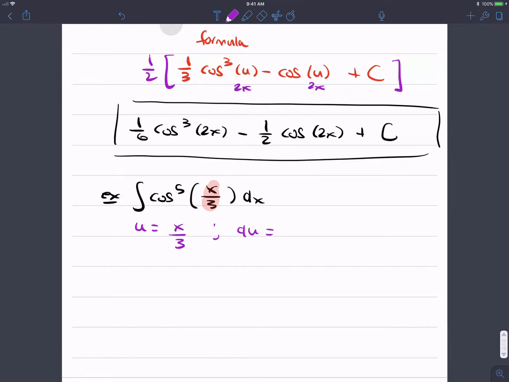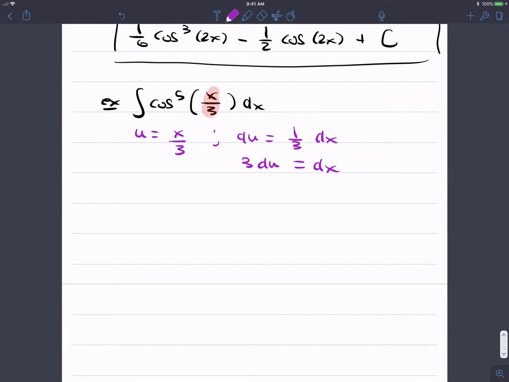So that means du is 1/3 dx, or 3 du is dx. So by u sub, we get cosine to the 5th power of u now, and that's 3 du. Notice the constant. 3 we can pull out. So it'll be 3 times the integral of cosine of the 5th power u du.